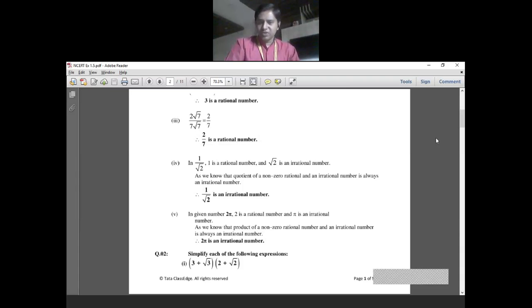Further, in question number 2, we need to simplify (3 plus root 3) into (2 plus root 2). As these are two brackets, we need to multiply the brackets inside.